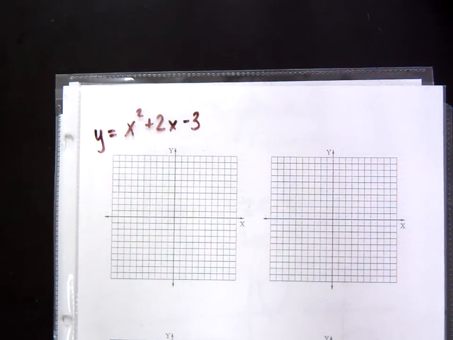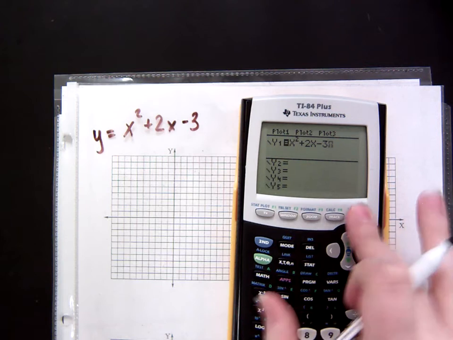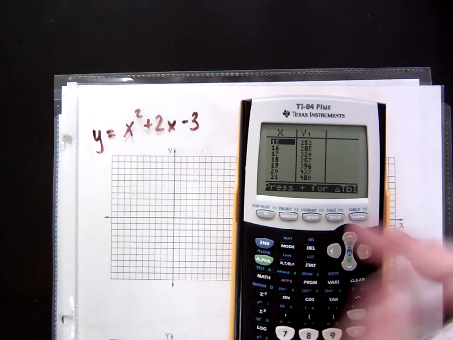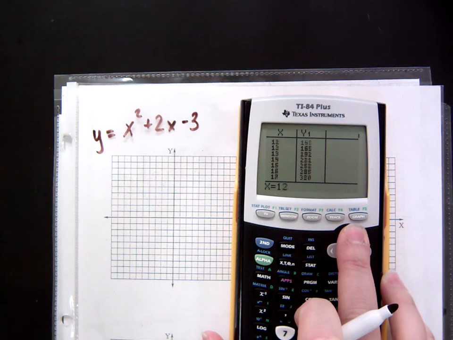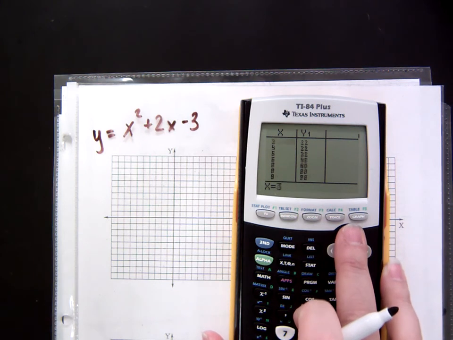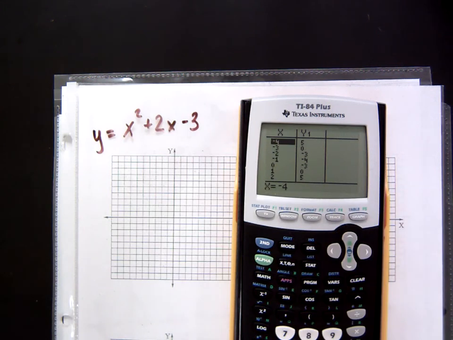Now, I've talked in other videos about how to graph quadratics, so I'm not going to go back over that. For now, all I'm going to do is use the graphing calculator to graph it, look at the table, and I need it centered. Obviously right now it's not centered, so I'm going to go up here, and there we go.